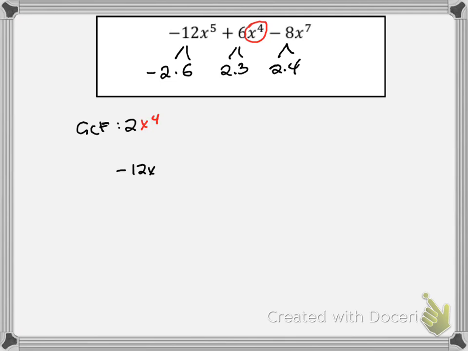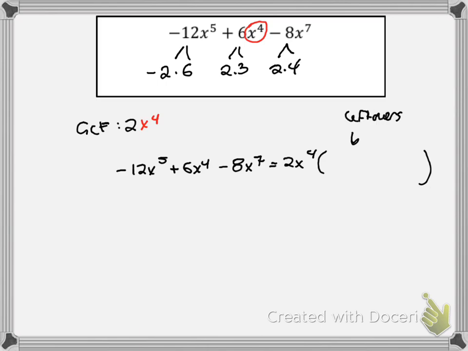We have negative 12x to the 5th plus 6x to the 4th minus 8x to the 7th power. And remember, our goal is to get 2x to the 4th factored out, and whatever is inside the parentheses is our leftovers.